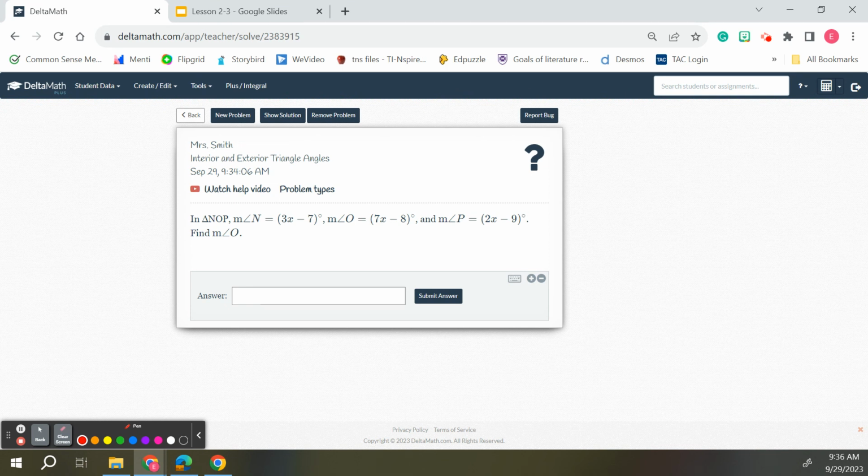Did anybody solve for x yet? Anybody? Got 17 for x.